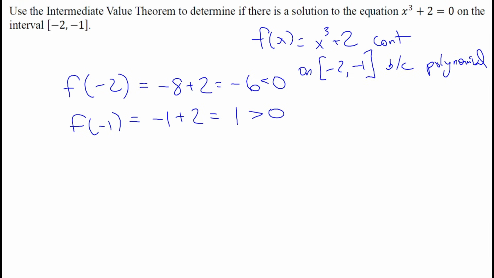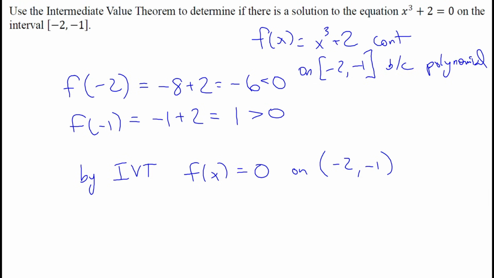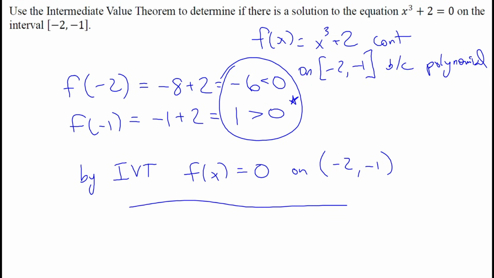And so because there is a sign change there, we can say, right, by the intermediate value theorem, yes, f of x does equal 0 on the interval from -2 to -1 because of this sign change right here. And you need to indicate that there was a sign change there, either in words down here or by stating that one was positive and one was negative.